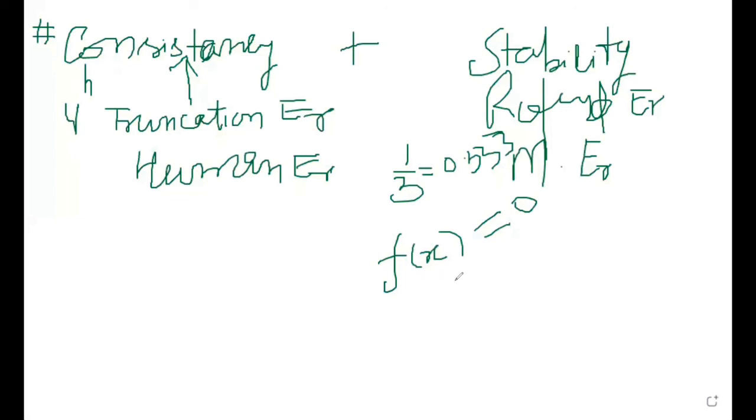Then we are getting a sequence of approximations x_i. Am I right? And x_i is given by the formula x_{i+1} equal to, because I have to write x_i many times.